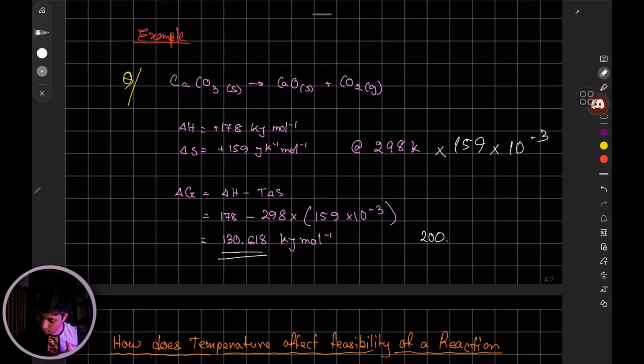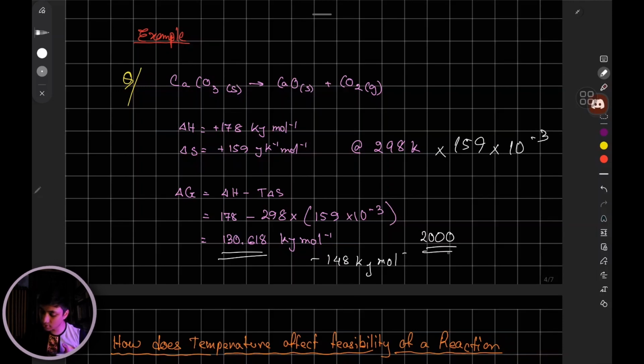Let's say 2000 kelvins. If we use 2000 kelvins, what happens? 2000 times 159 into 10 to the power minus 3. That results in 318. So 178 minus 318 results in minus 148 kilojoule per mole.